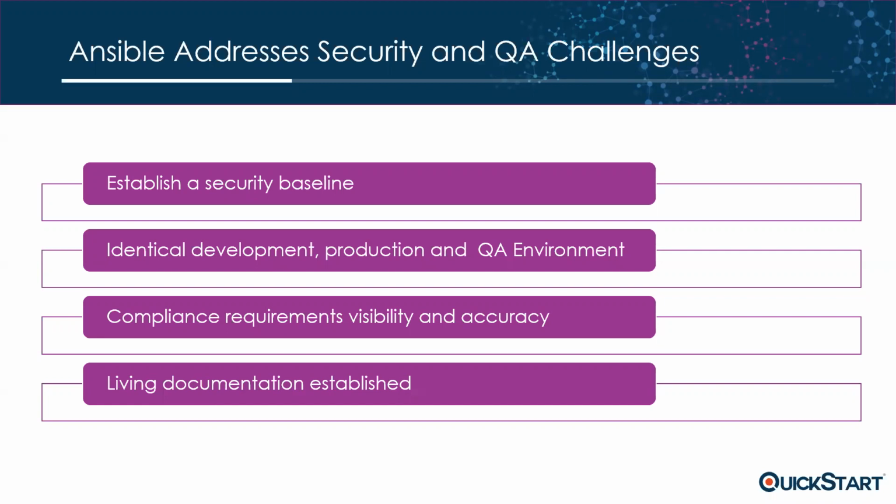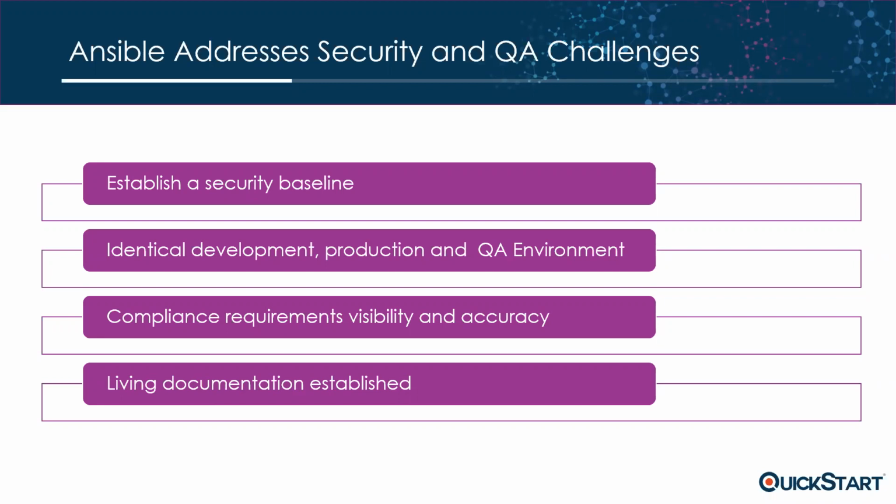Because certainly we have a lot of ways to do it. However, through Ansible it is very simple. It's easier than other ways. So Ansible can ensure compliance requirements are documented and that those requirements are visible and accurate. So finally, we could say as a result that Ansible provides what's known as living documentation.